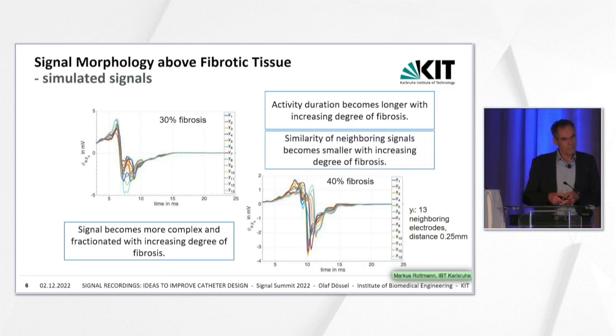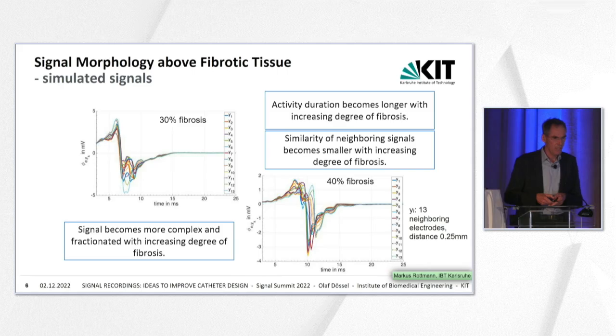What I think is also worth mentioning is that the similarity of neighboring signals becomes smaller with increasing degree of fibrosis. The different colors here are neighboring electrodes. If you only go 0.25 millimeter away from the first electrode, the signal is still very similar. But if you go a few millimeters away, the signals have nearly no similarity at all.